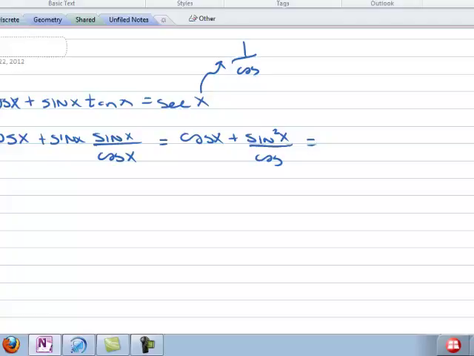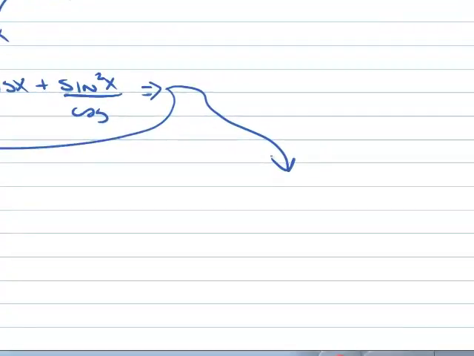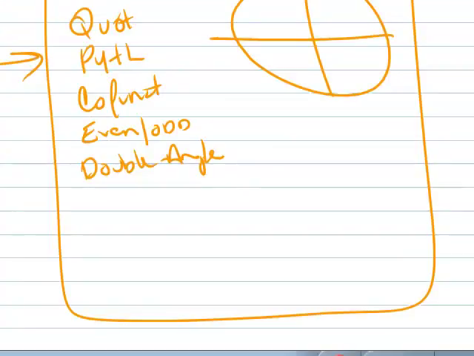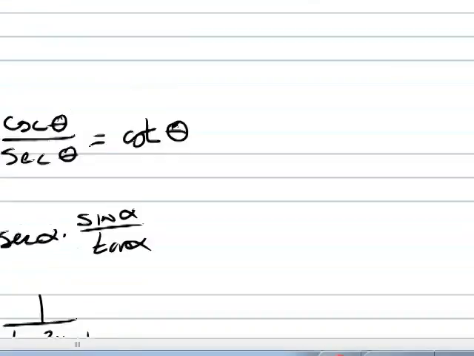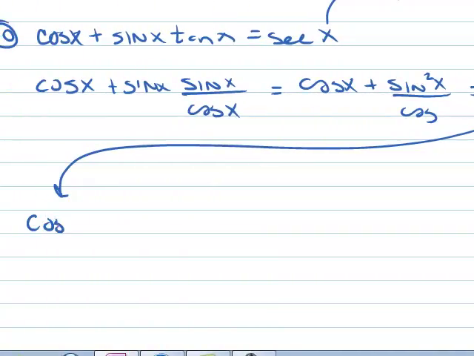Well, I'm asking from right now. We'll go back to the rules of confusion. When you don't know what else to do, where were those? Find something to replace. Is there something there that you can replace? You could replace the sine squared with what?